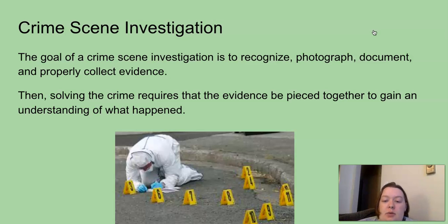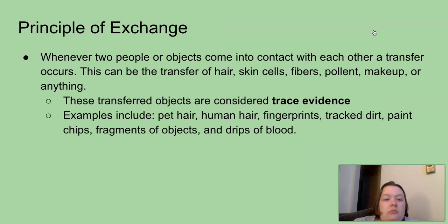I'm actually reading a book right now where the lady talks about how she had no idea that a golf club they found on the side of the road had anything to do with the case she was investigating. And if they hadn't picked it up and collected it, that evidence would have never been found. So it's better to consider everything evidence than to exclude something because you don't think it's important.